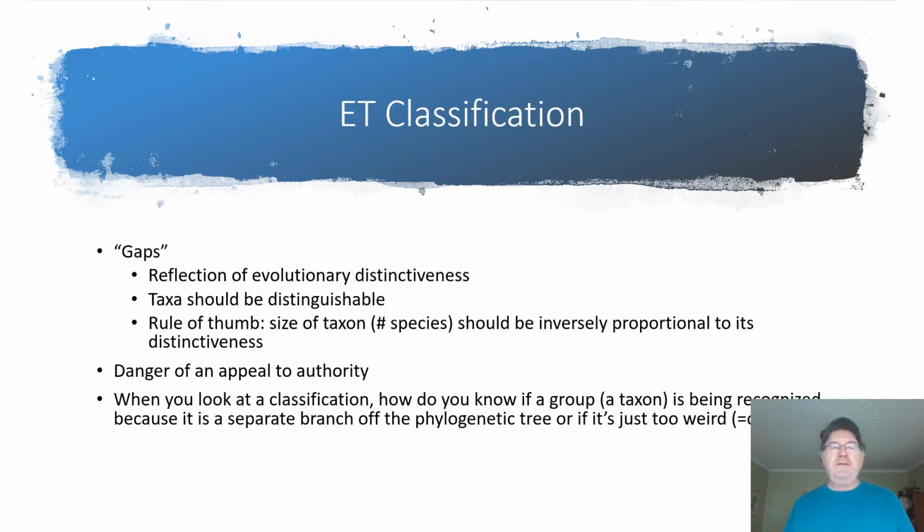One of the problems with evolutionary taxonomic classifications is that we have these two competing criteria for how to group organisms into higher taxa: common ancestry and evolutionary distinctiveness, the amount of anagenetic change. And there's also the weighting issue. You run the danger of the decisions about how to classify organisms being highly susceptible to what I'm calling an appeal to authority.